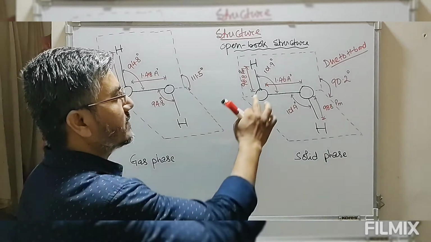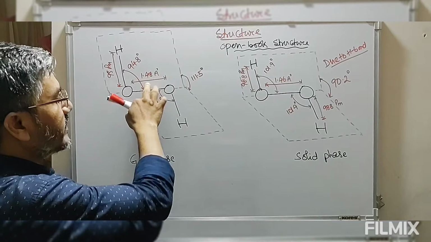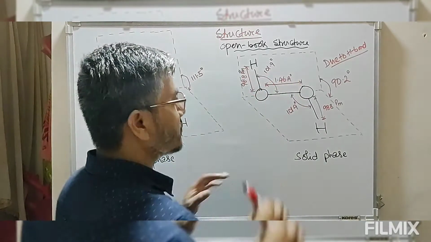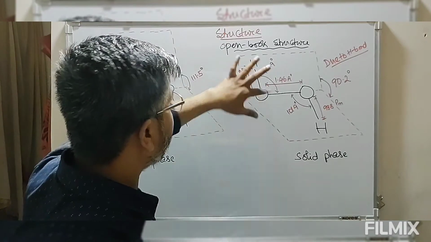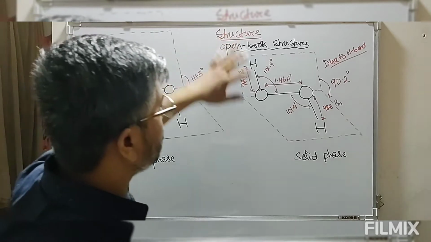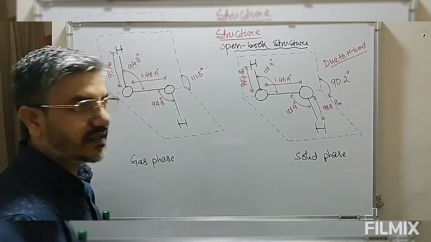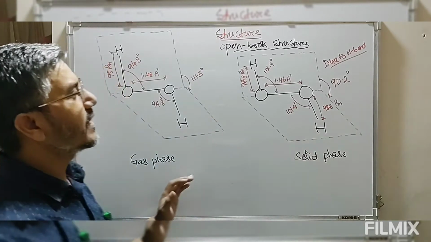The oxygen-oxygen bond length is approximately the same, that is 1.48 in case of gas phase, and 1.46 in case of solid state. And this OH bond length, which was 95 picometer in gaseous state, now increases to 98.8 picometer. So these are the characteristics of this structure.